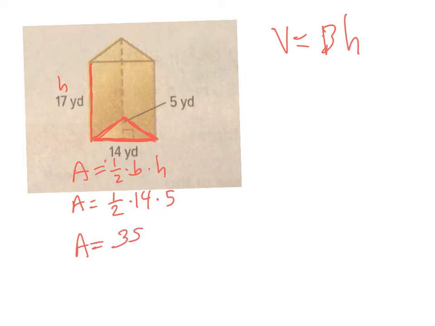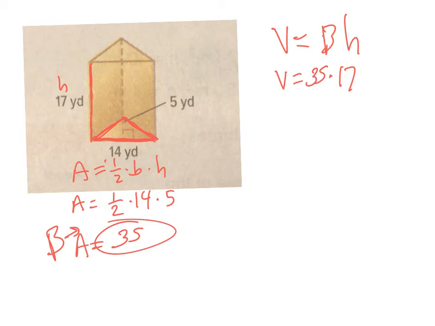Now, that is my big B. So the area of the triangular base is 35. And then I have to times it by my height, which is 17. So 35 times 17 equals 595. It's yards and it's cubed.